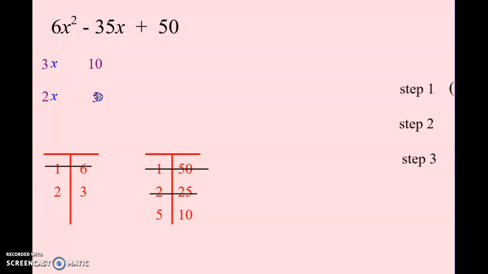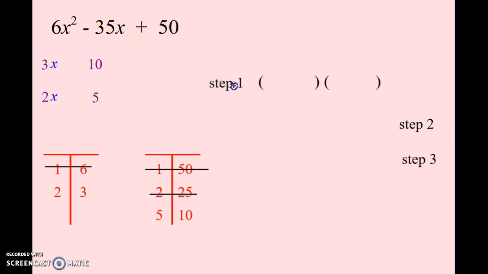Now let's see what happens. 3x times 5 gives me 15, and 2x times 10 is 20, and 20 plus 15 gives me the 35x that I'm looking for. Now we know that both of those, the 10 and the 5, both of them have to be negative in order for this to give me the negative 35 and a positive 50.